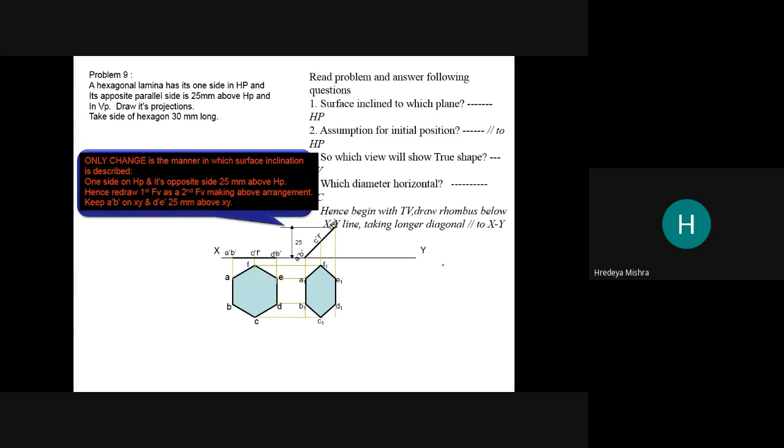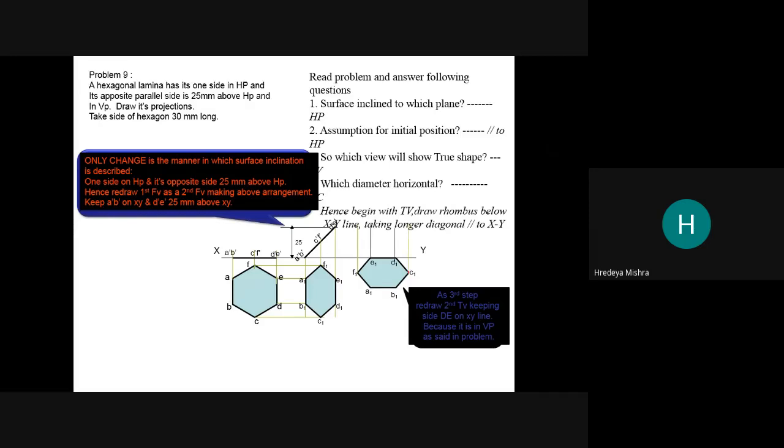Now the third step. As the third step, redraw our second top view, keeping side DE on the XY line because it sits in the vertical plane as said in the problem. So like this, you make DE here and make the diagram. We place DE here and make all the things.